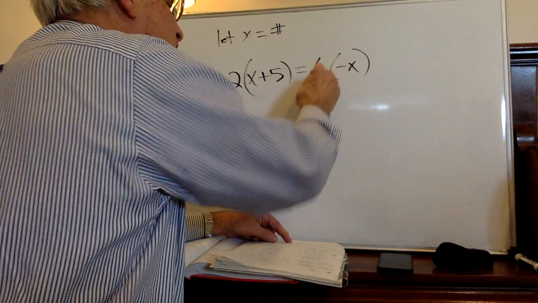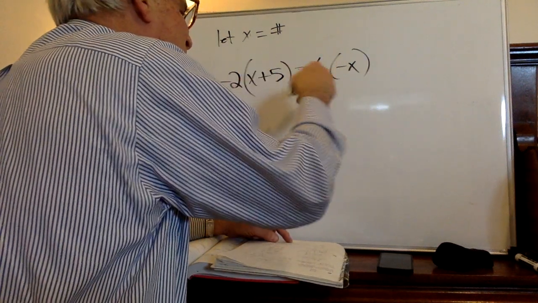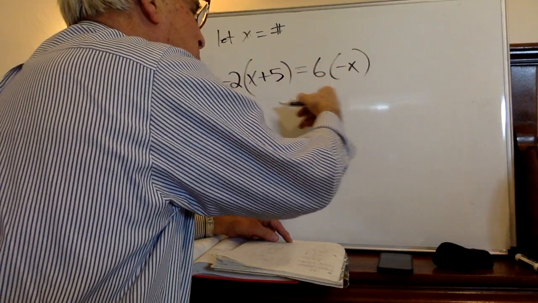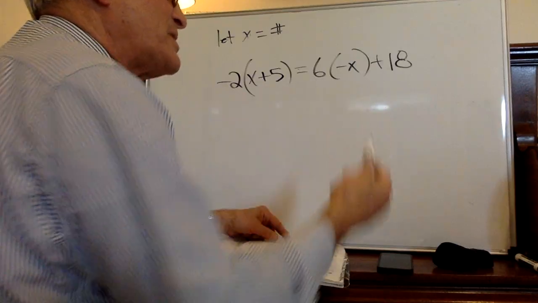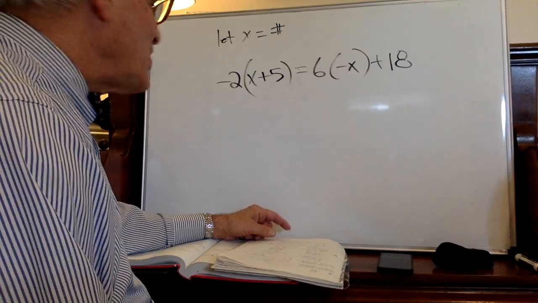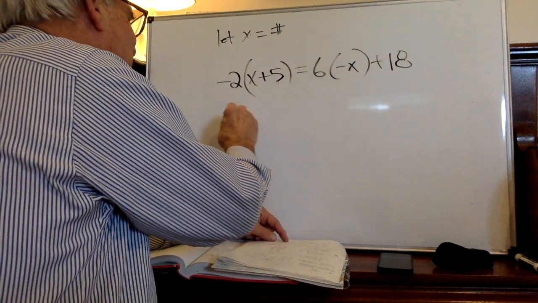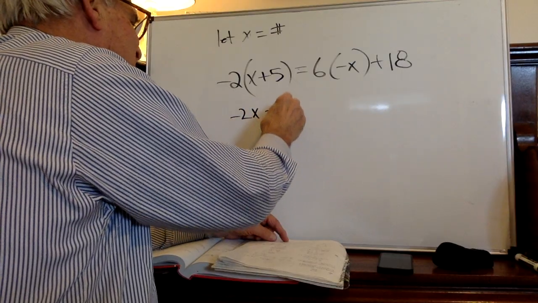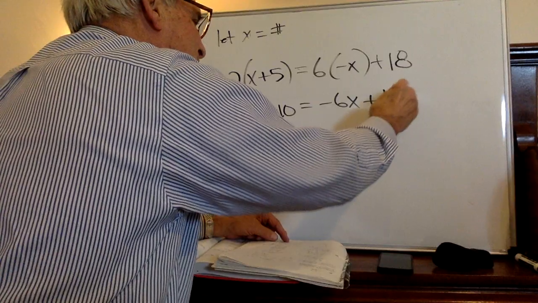It said you have to multiply it by 6, and it said this number is 18 more than this product. So add 18, or I could have subtracted 18 from that side, same thing. So now you just have a first degree linear equation. Multiply through and simplify. You get -2x minus 10 is equal to -6x plus 18.